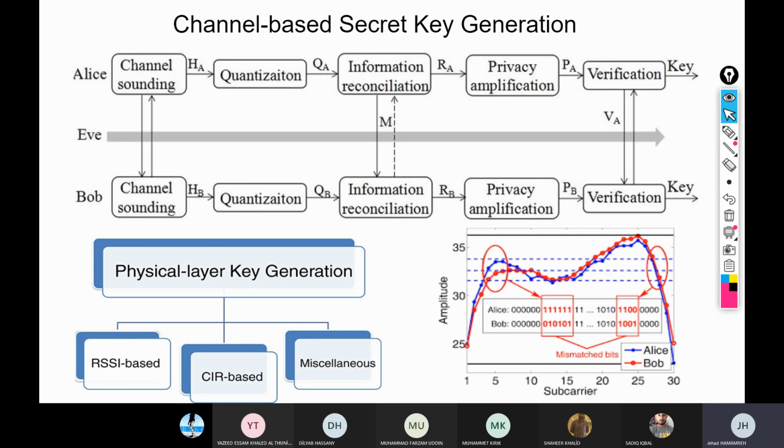As you can see here, physical layer key generation can exploit several features in your signal. It can exploit the received signal strength because it's easy to measure.